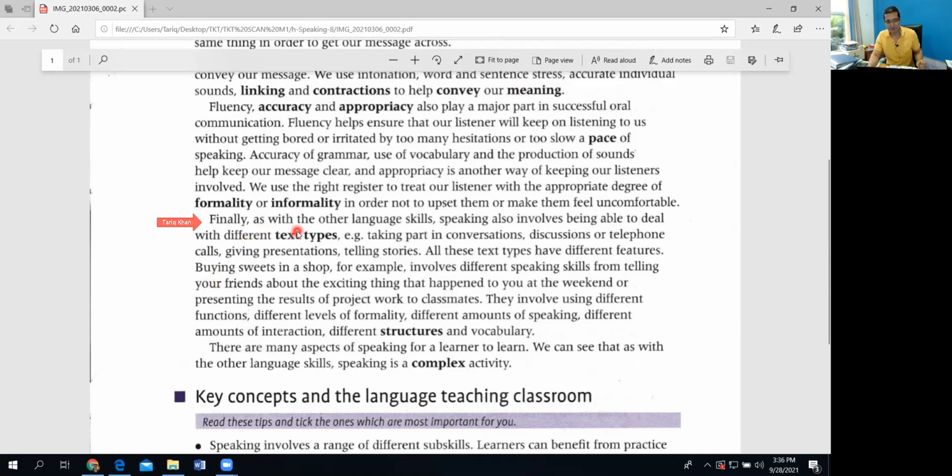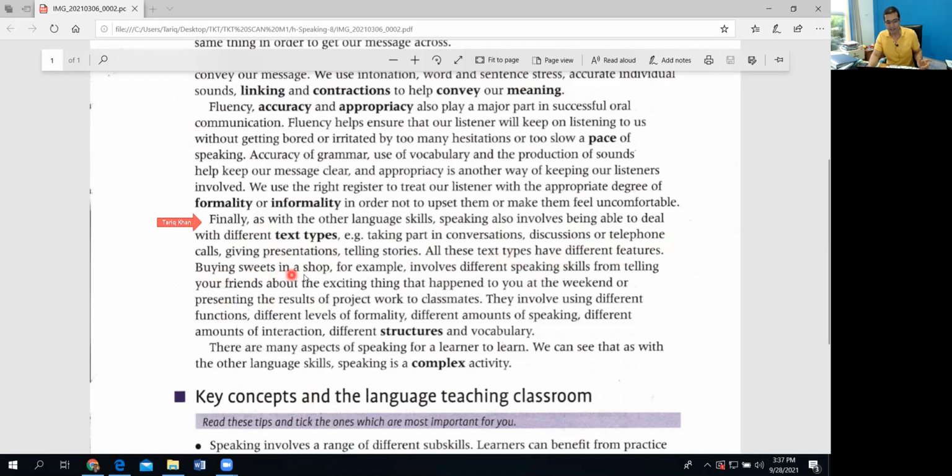Finally, as with other language skills, speaking also involves being able to deal with different text types. For example, taking part in conversations, discussions or telephone calls, giving presentations, telling stories. All these text types have different features.